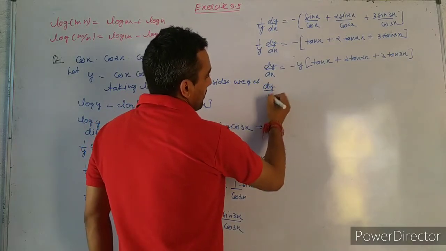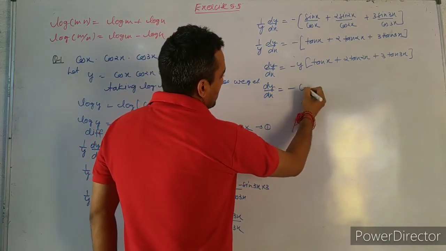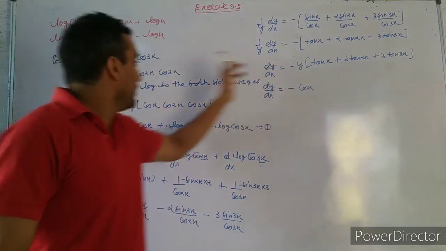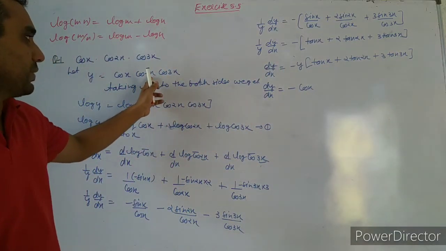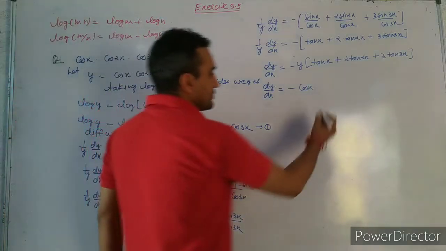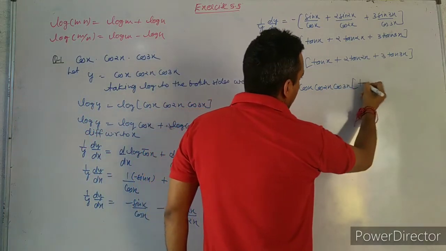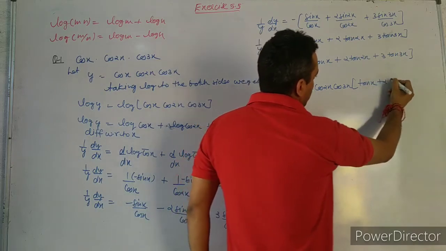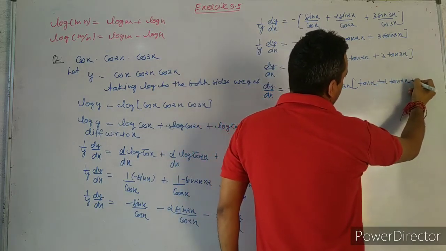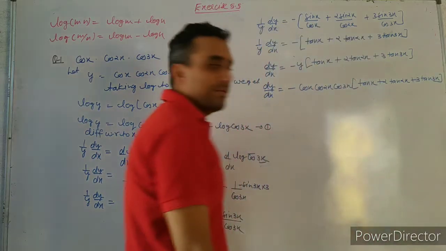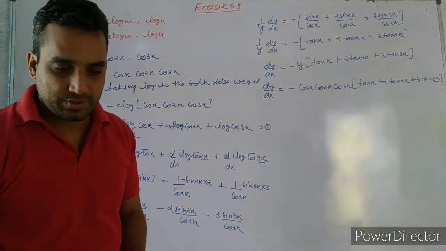So our function will become minus cos x cos 2x cos 3x times tan x plus 2 tan 2x plus 3 tan 3x. This is our derivative for question number 1.